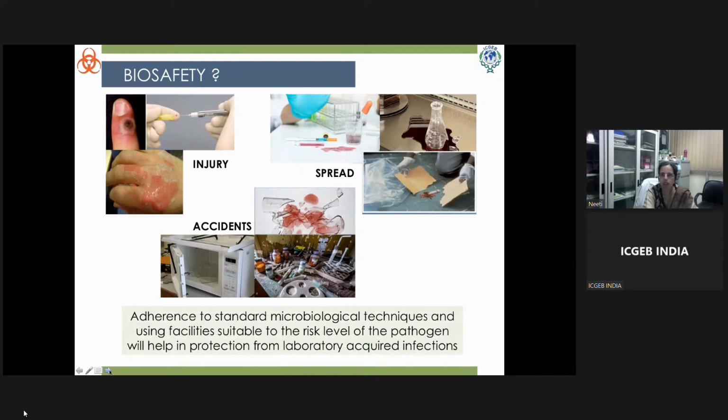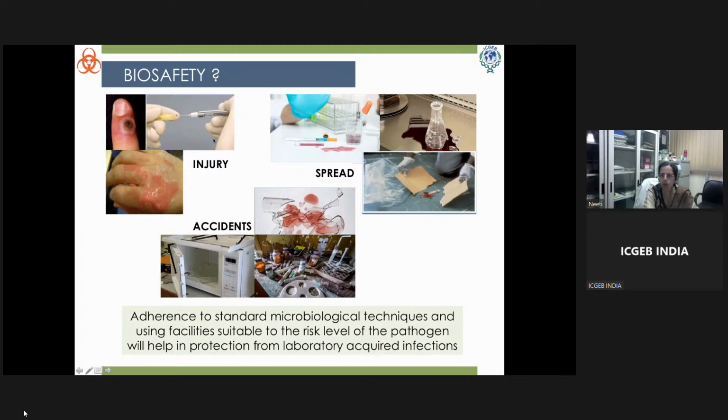This can be done by being a little aware, following all the safety principles, and, as far as tissue handling is concerned, sticking to the standard microbiological techniques within the facilities so that the risk level can be contained and there is no risk from the pathogens that you are handling.